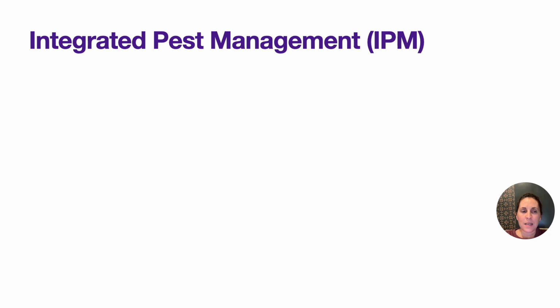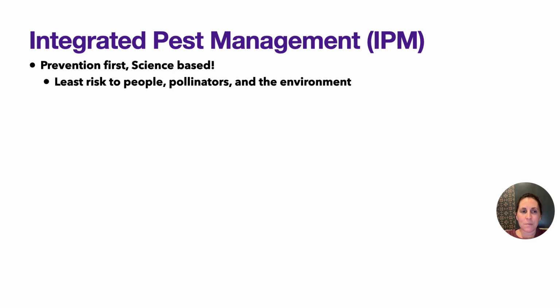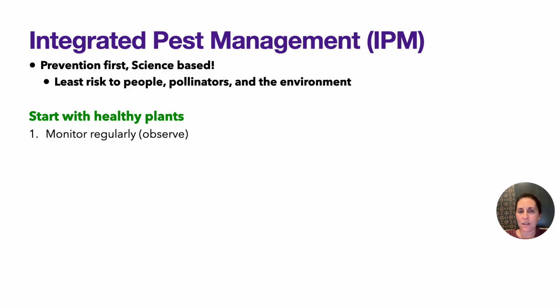Now, IPM is an idea that was built around prevention first, and it's all science-based. And it was developed to provide the least risk to people, pollinators, and the environment. And it starts with having healthy plants. And then the first step is to monitor regularly or observe those plants as they grow.